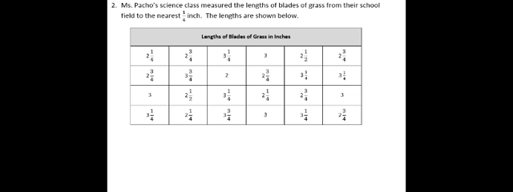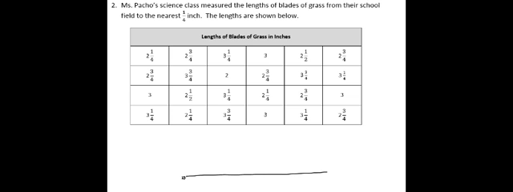The next question says, Miss Paco's science class measured the lengths of blades of grass from their school field to the nearest quarter inch. The lengths are shown below. We are to make a line plot of the grass and include a title, a scale, and a legend. So I'm going to start by making a horizontal line at the bottom of the page, and that's where we'll make our line plot.